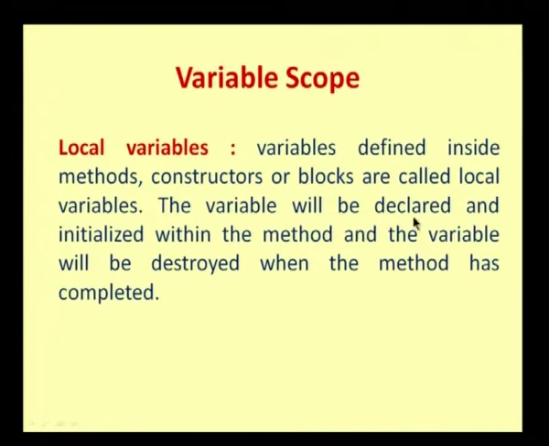The variable is declared and initialized within the method, and it is destroyed when the method has completed. So whenever you declare a variable within a method or inside any block, it will be local to that particular block or method.